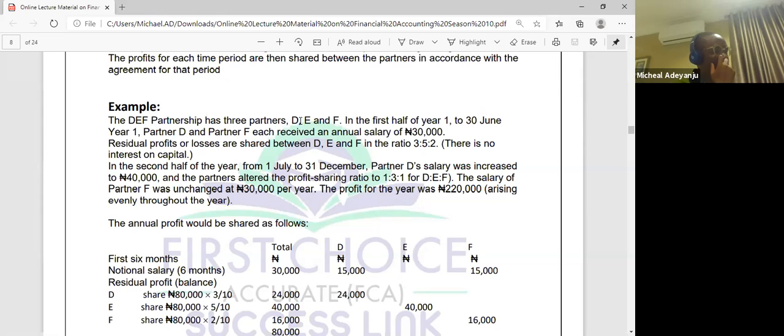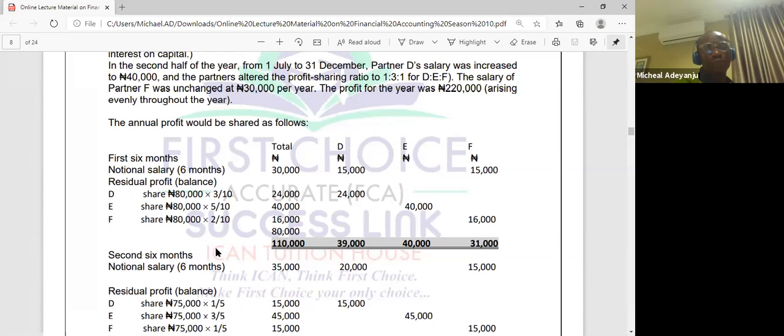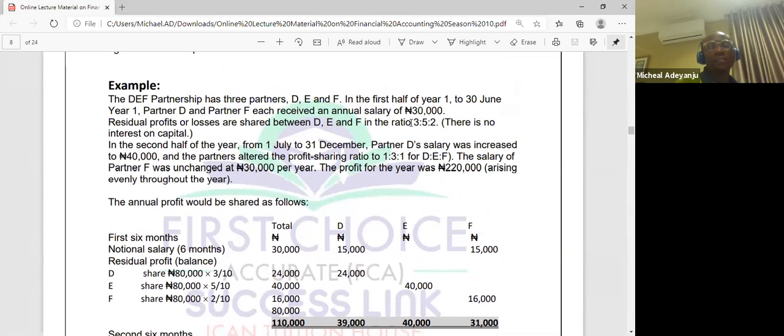The profit of the year was 220,000. The annual profit would be shared as follows. So what happened in the first 6 months? They said their notional salary is 30,000 naira annual. The annual salary is supposed to be 30,000 naira each.